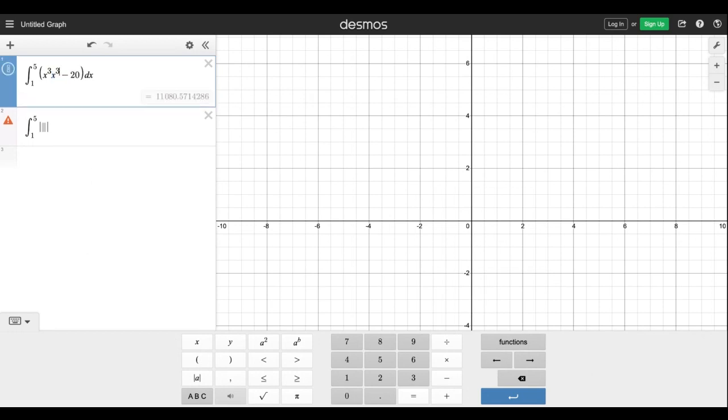So x to the third, oops, I messed something up there. Let's get rid of that. So this is going to be x to the third minus 10x squared plus 29x.